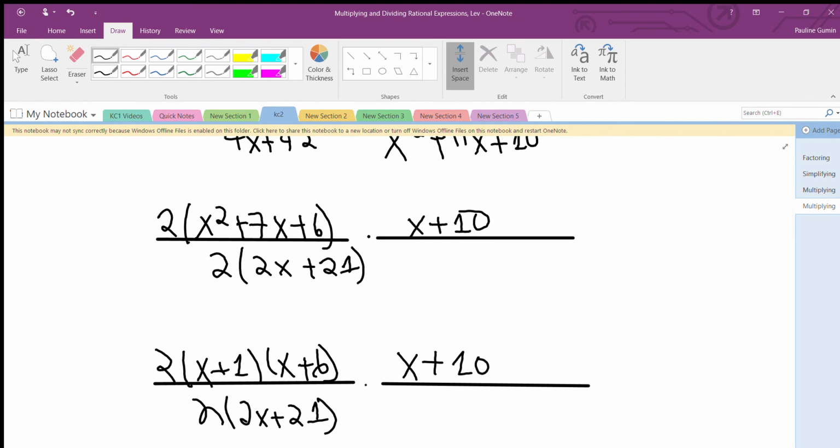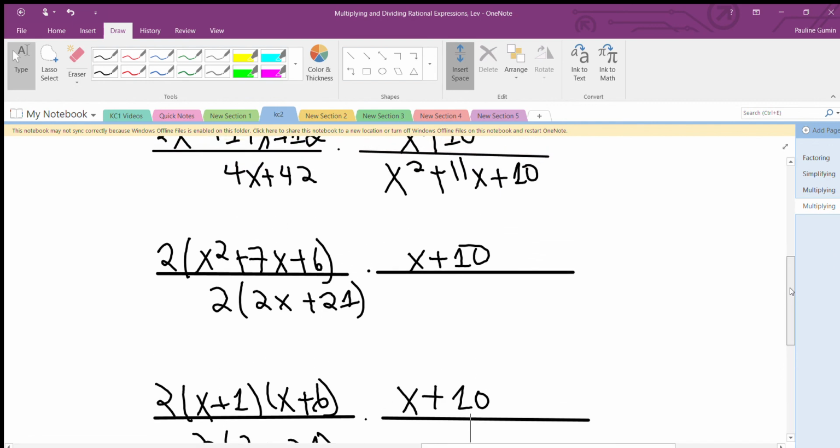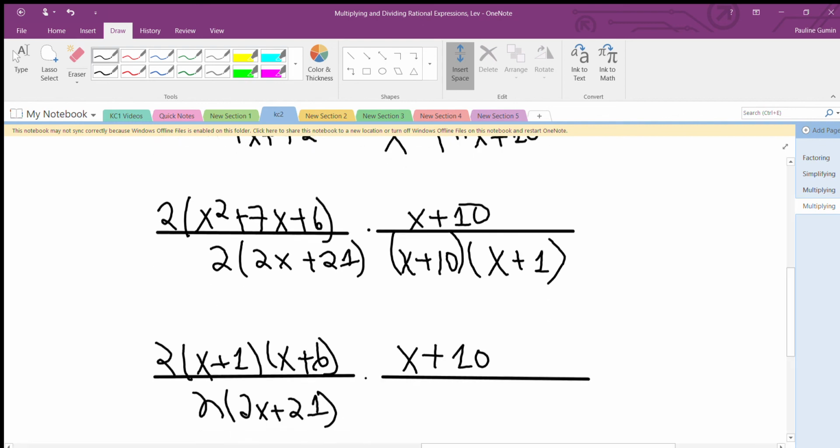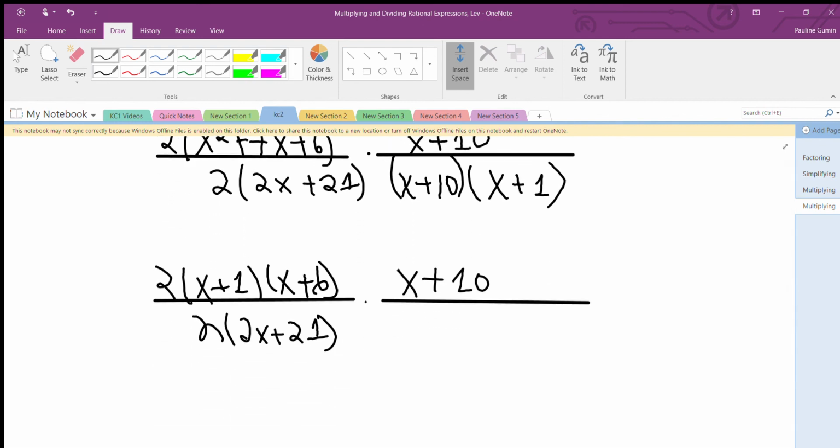Okay, let's take a look at the bottom of the second fraction. Then we'll be able to cancel. What two numbers multiply to form positive 10 and add up to form positive 11? That's 10 and 1. And we can't take that any further, so I'm just going to bring it down here too.